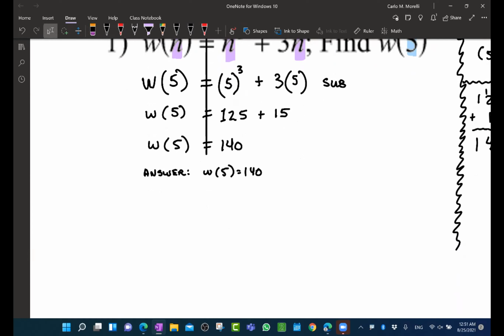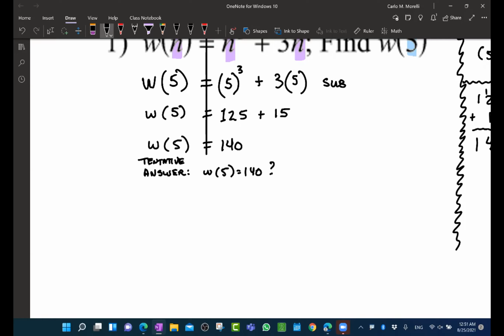So we think this is the answer. So like what I would say is, I would say this is like the tentative answer or the proposed answer. I mean, the question is, is it true, right? So is it true that W of 5 equals 140?